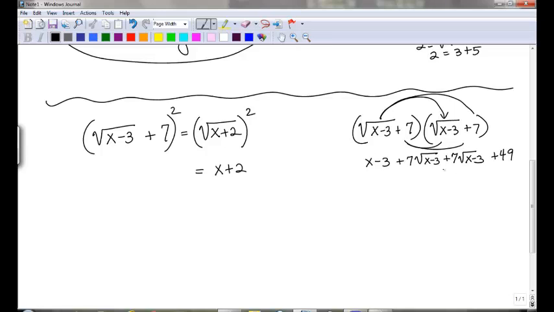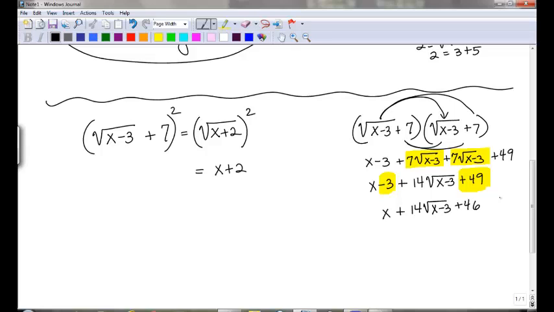Now when you add this to this, you add the numbers in front, so I've got x minus 3 plus 14 radical x minus 3. It's just like saying 5x plus 5x would be 10x. You add the numbers in front, and then you go ahead and simplify. You combine, and I'd end up with x plus 14 radical x minus 3 plus 46.